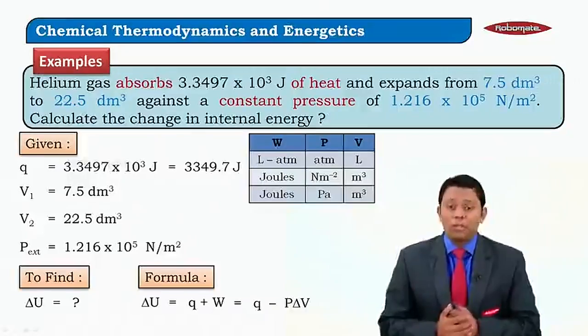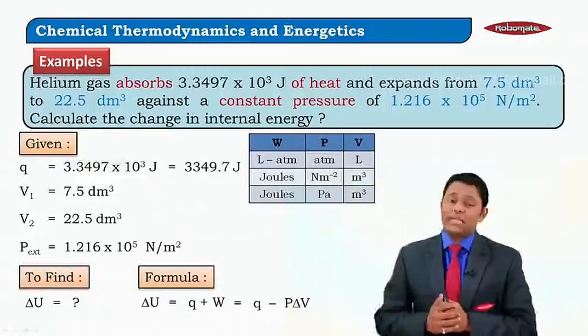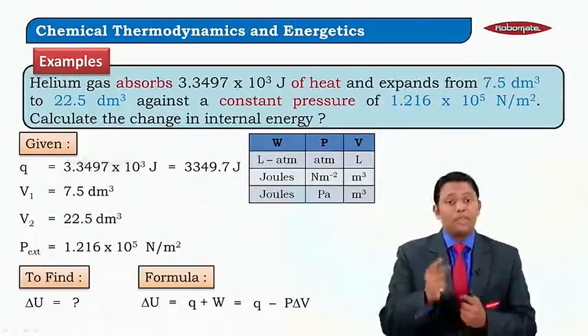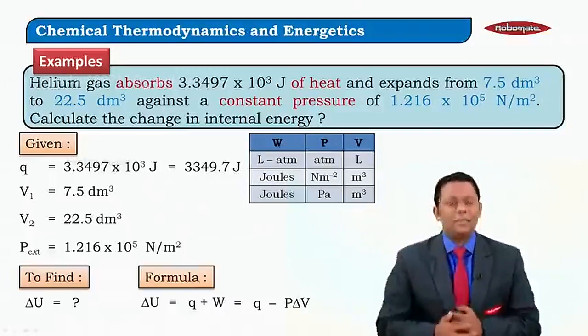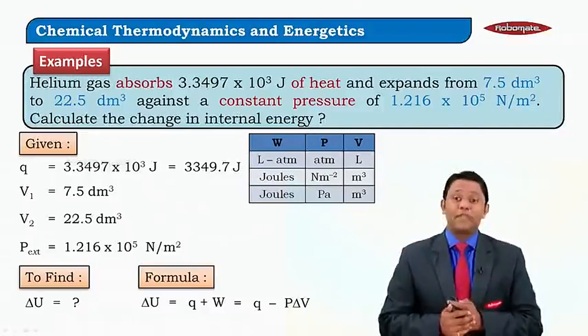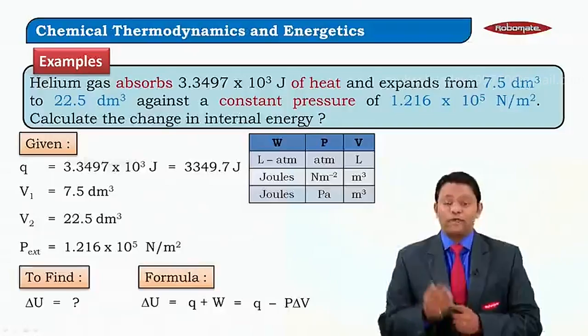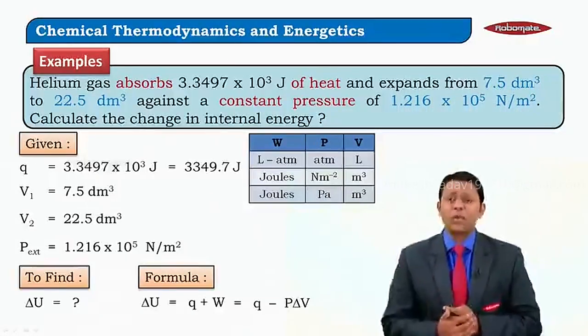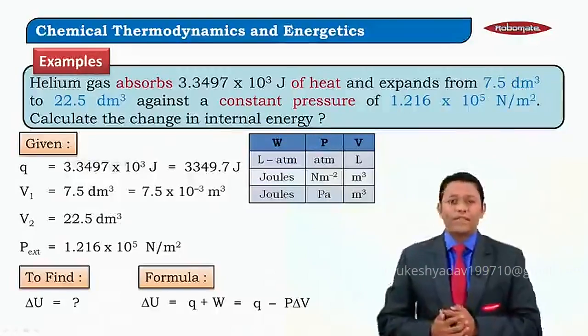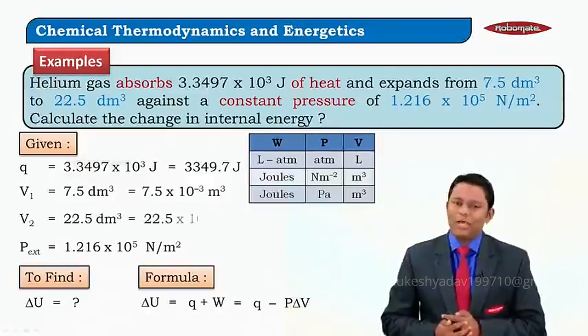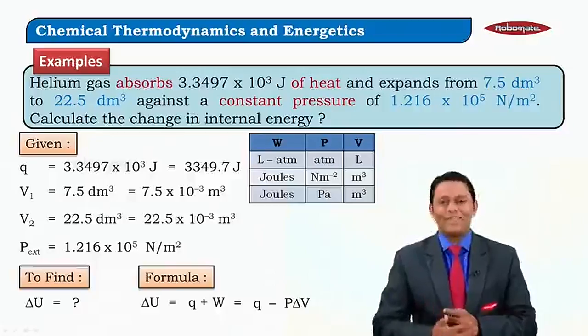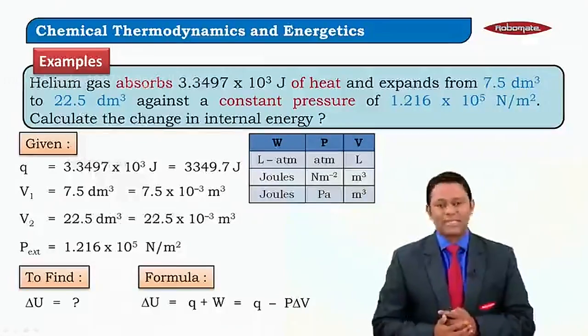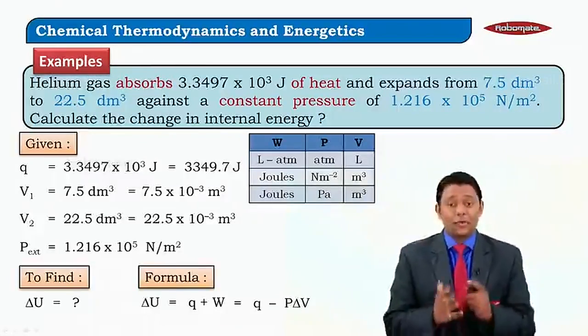And if we see the volume parameter, the given parameter is in dm cube, that is liters, but we have to keep the volume terms in meter cube. That means we have to convert from a smaller unit to a bigger unit, and that is why V1 will be converted as 7.5 into 10 raised to minus 3 meter cube, and V2 value is 22.5 into 10 raised to minus 3 meter cube. Now everything is in the proper format.